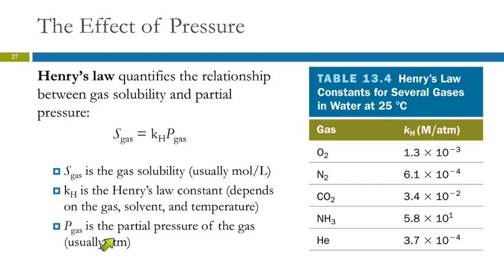And P gas is the partial pressure of the gas. It's usually in atmospheres. The units on Henry's law constant will tell you what that should be. Capital M here is molarity, so the gas solubility in moles per liter. And atm is the unit you should use with pressure.